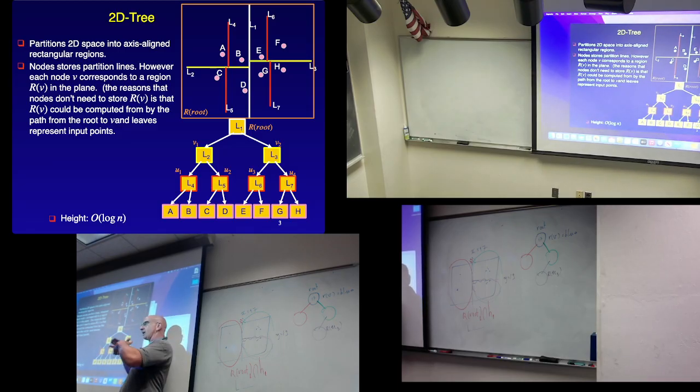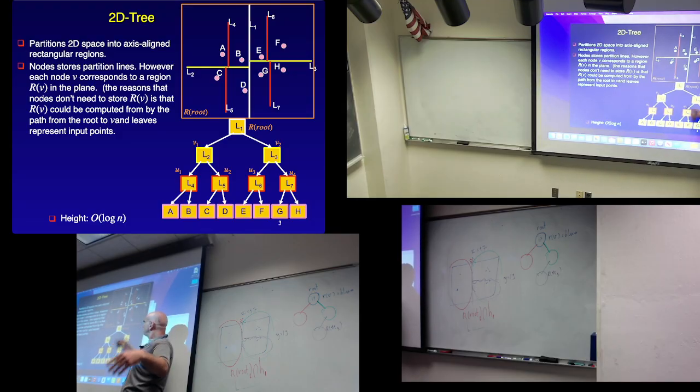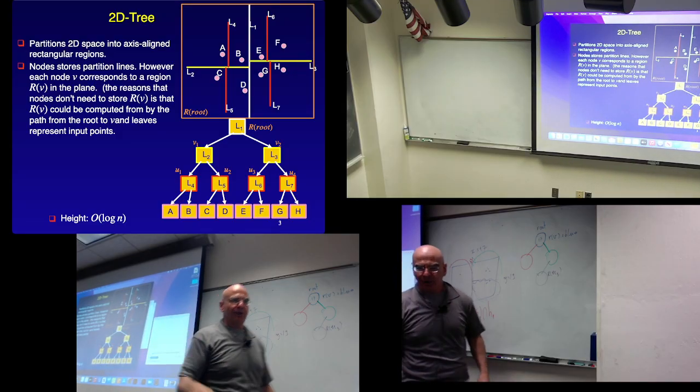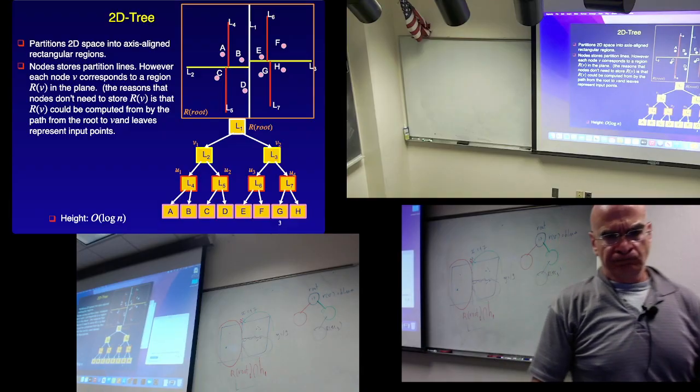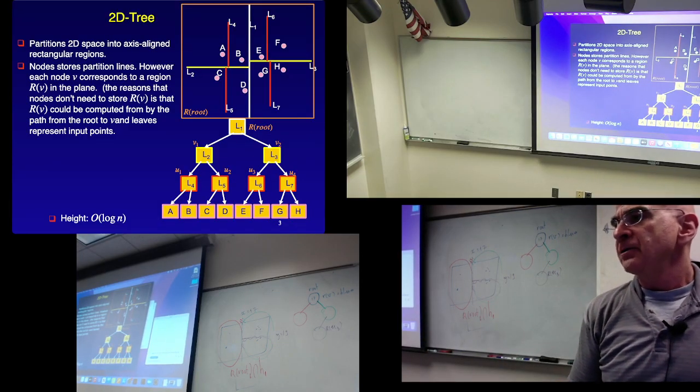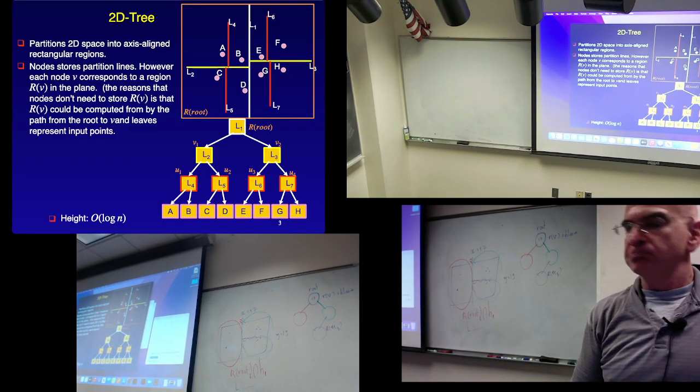If I went to the left and it's an even node, I understand it as split by y, otherwise split by x, and left or right will be either the left side or the lower side. So from knowing the path, I know what R of V is. And of course the height is log n.